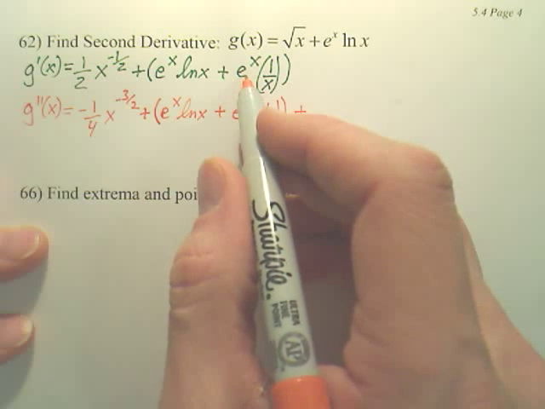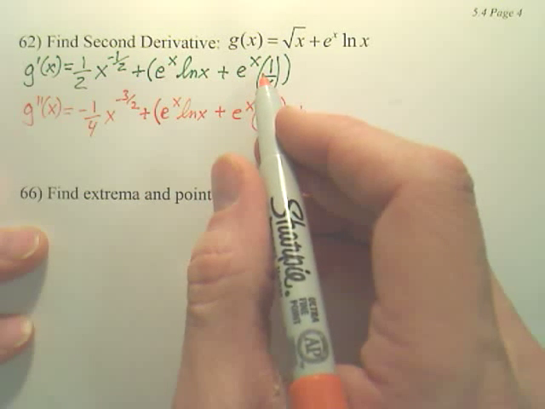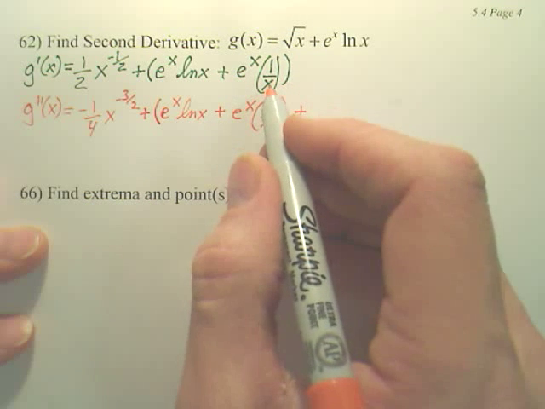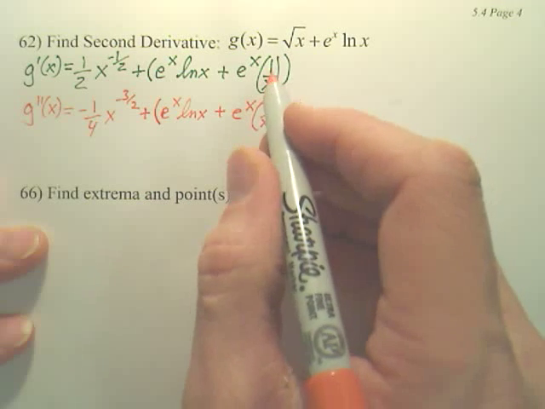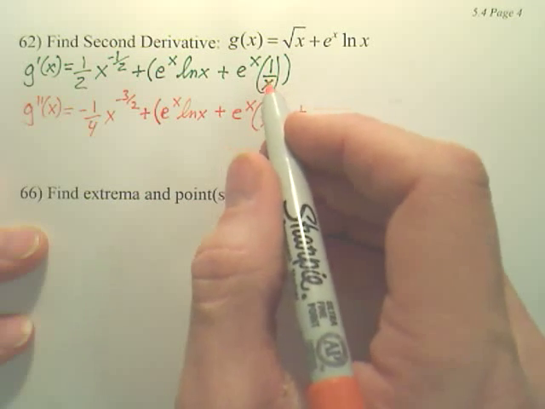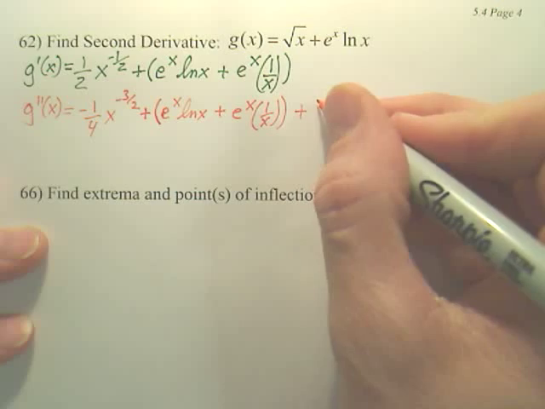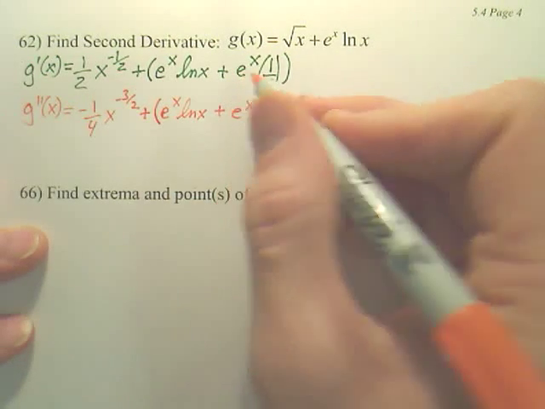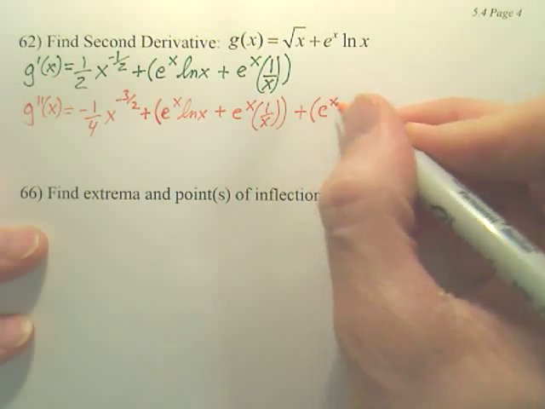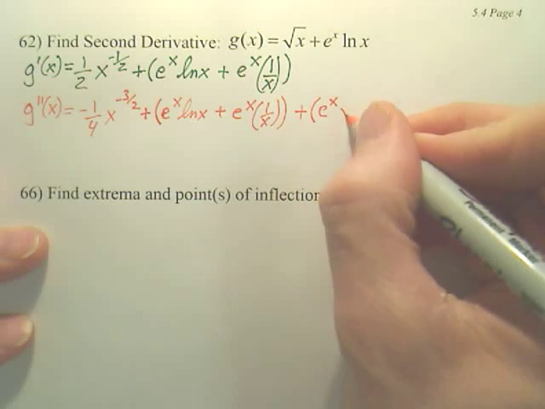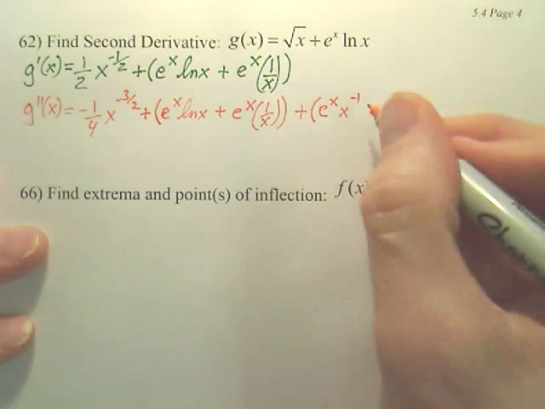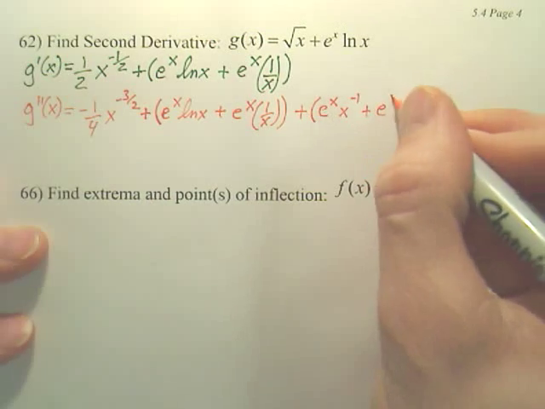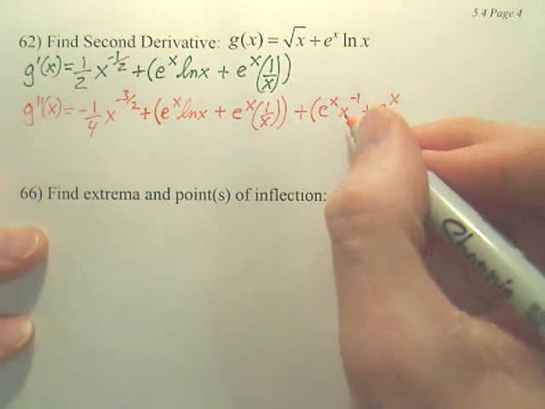That, you can either think of this one as a quotient or a product. I would probably consider this to be x to the negative first here. I'd probably do a product and make it x to the negative first. So when I think of it as x to the negative first, derive the first piece, that would be e to the x, and leave x to the negative first, plus leave e to the x, and derive x to the negative first.